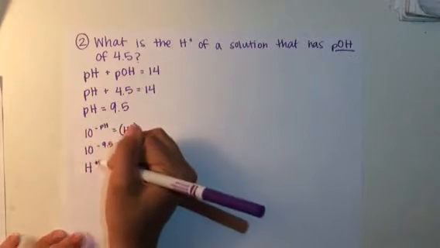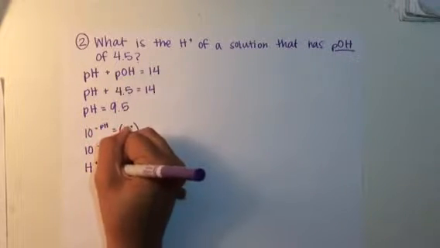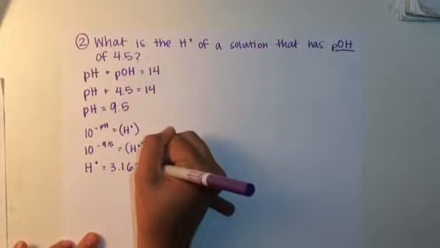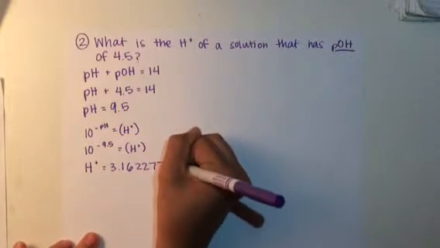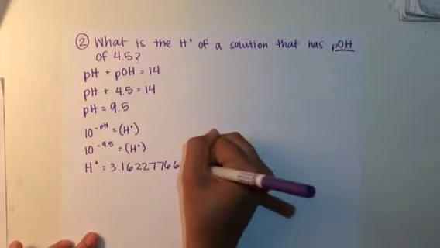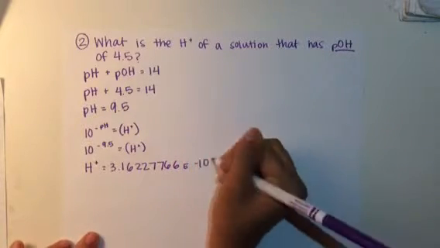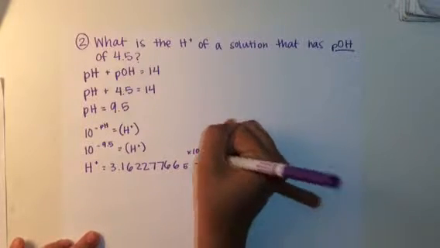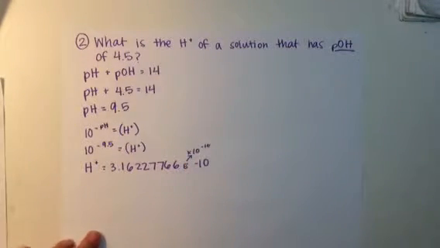So then we get H+ equals 3.162277766 e to the negative 10, which is just the same thing as saying times 10 to the negative 10. That's what that is saying.